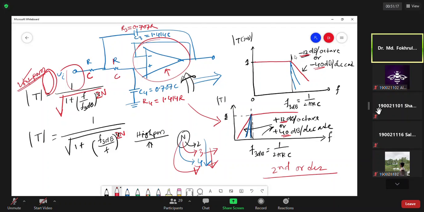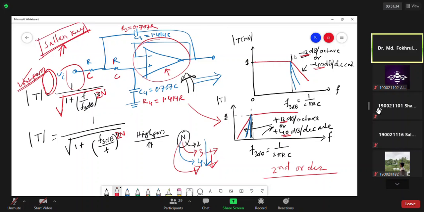And at the same time, if you go through the internet, you can find another kind of filter called Sallen-Key. You can go through this also. This is another special type of general structure.